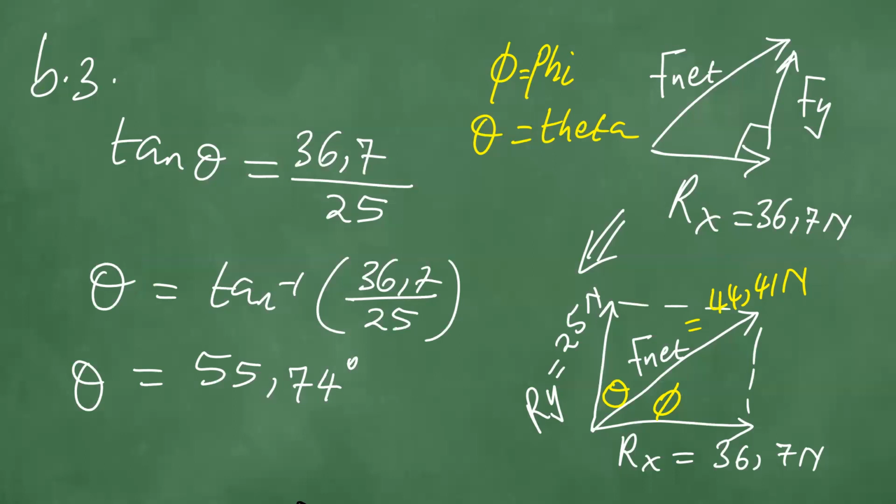So this is basically the direction of the net force. How did you get the direction of the net force? To find the direction of the net force, we found the direction at this point between two specific forces. What are the specific forces? They are the 36.7 newtons.